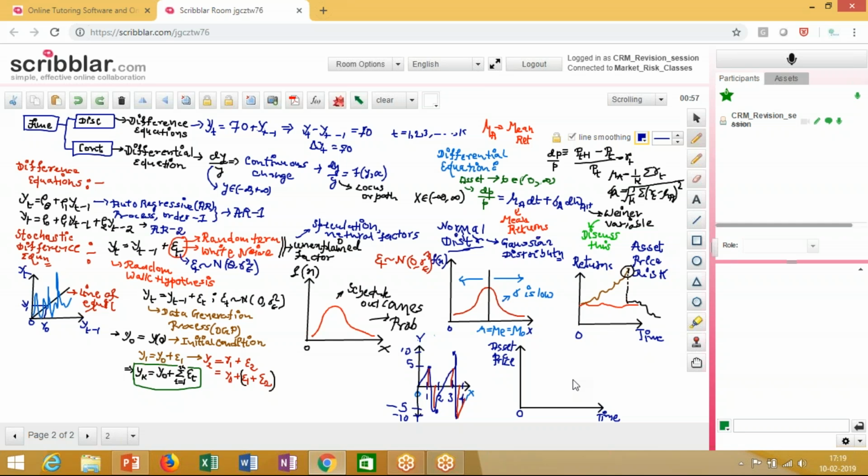So when I talk about this asset price movement, like mu A, sigma A, any asset price movement is impacted by two things. Number one is the mean, and the second is the volatility, the mean returns and the volatility. So let's say I have the mean returns.